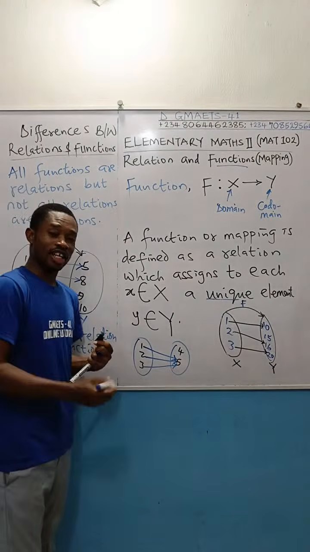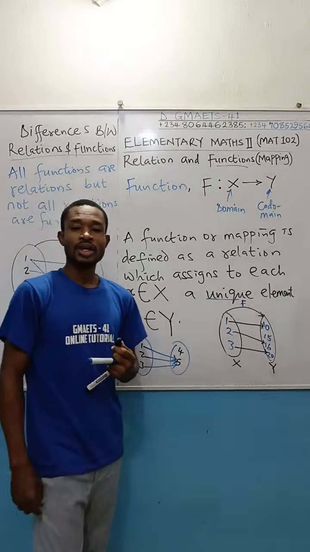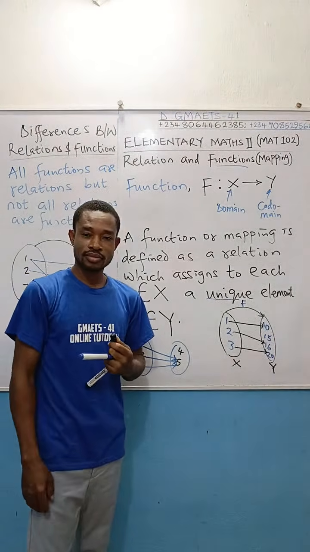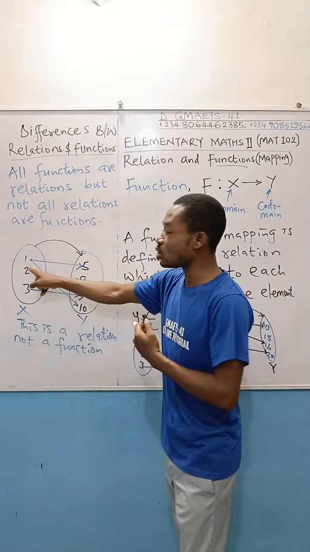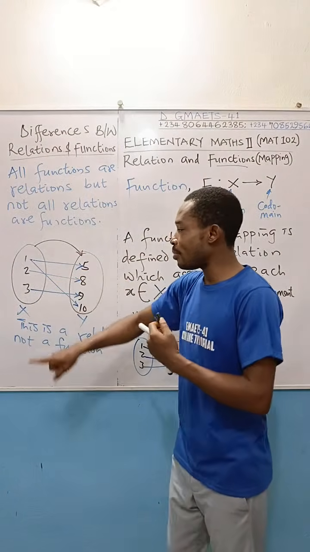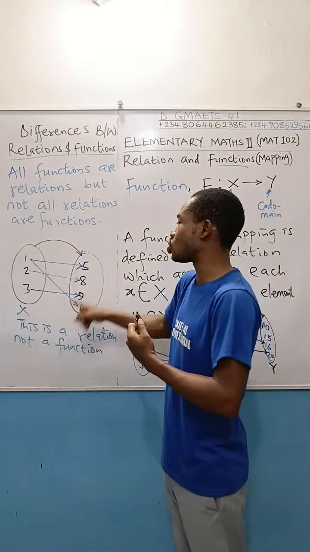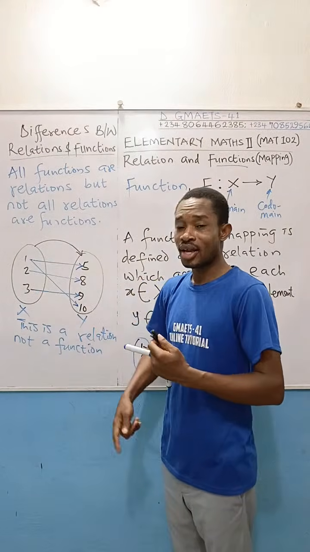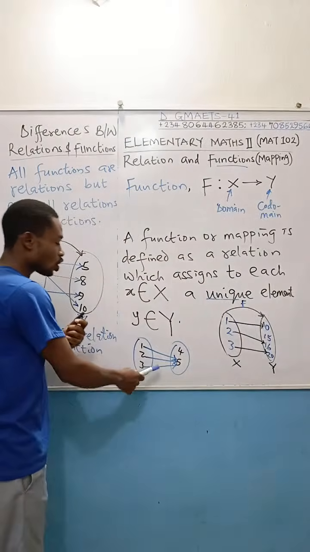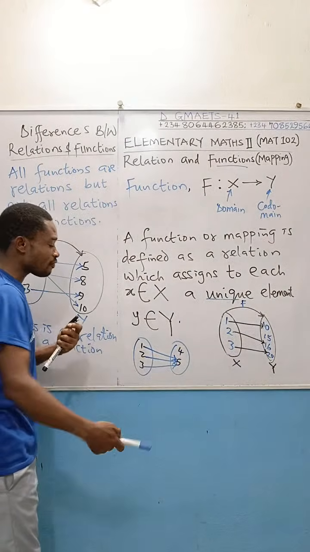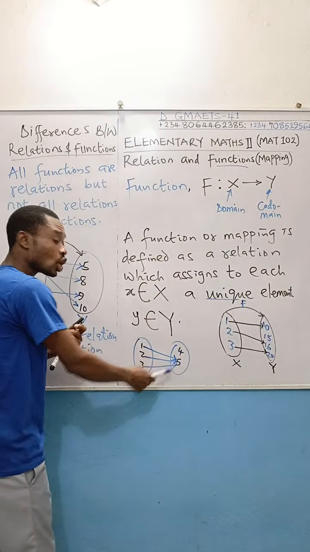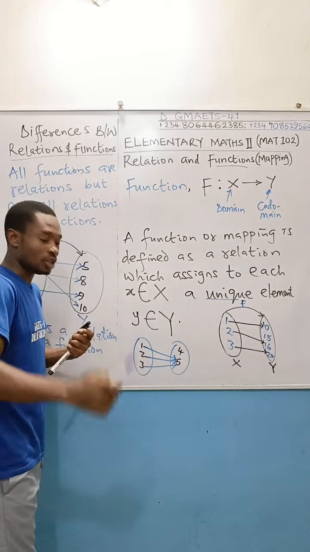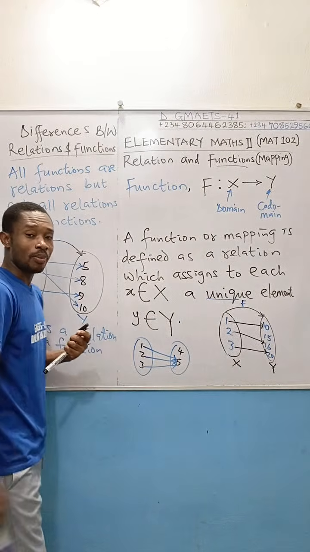Is this relation a function? The answer is yes. It is true that in the domain, one element cannot be mapped to different elements in the codomain. However, in the codomain, it is possible for one element to be an image of different elements in the domain.